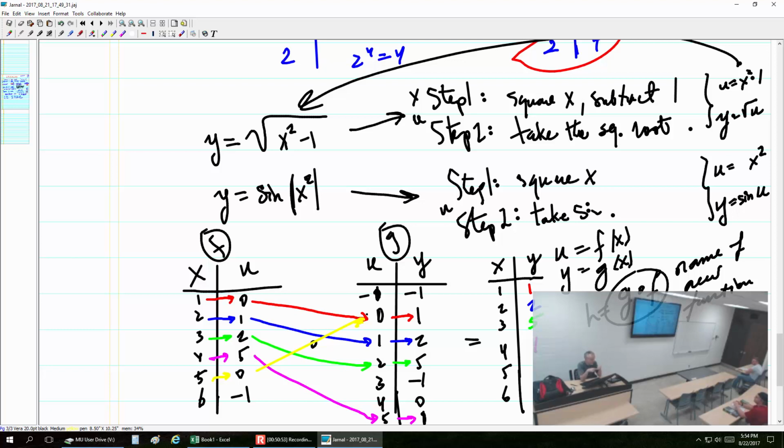So, anybody remember what it's called? Well, the test for not being a function is called the vertical line test, which is what you're referring to. This is the horizontal line test. So two different inputs produce the same output. When that is the case, we say the function is not one-to-one.